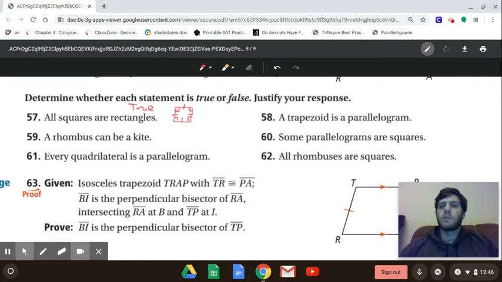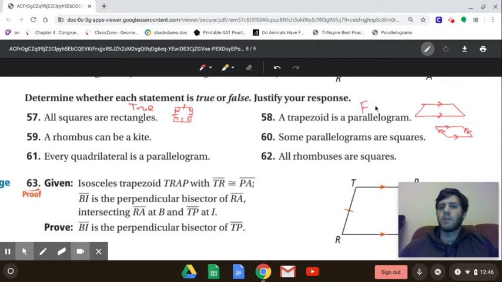A trapezoid is a parallelogram. We defined a trapezoid as having exactly one pair of parallel sides. And we defined a parallelogram as having 2 pairs of parallel sides. Right. So since this one only has exactly one pair, it's not going to be a parallelogram.